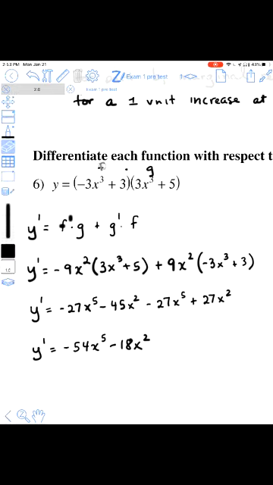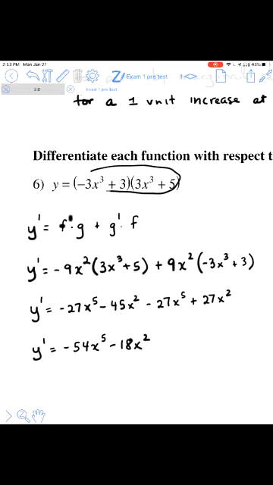The other option, I did mention at times, not always, but at times there's a way around using the product rule. You could just multiply this expression together before taking the derivative. So if we did that, we would get negative 9x to the sixth, and then we'd have a negative 15x cubed and a 9x cubed.